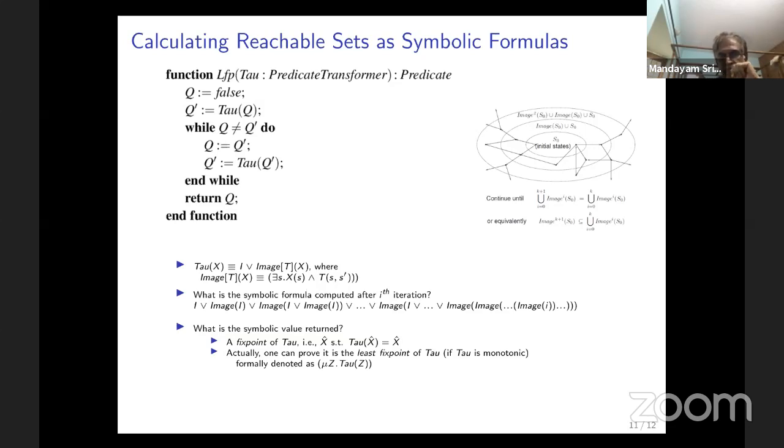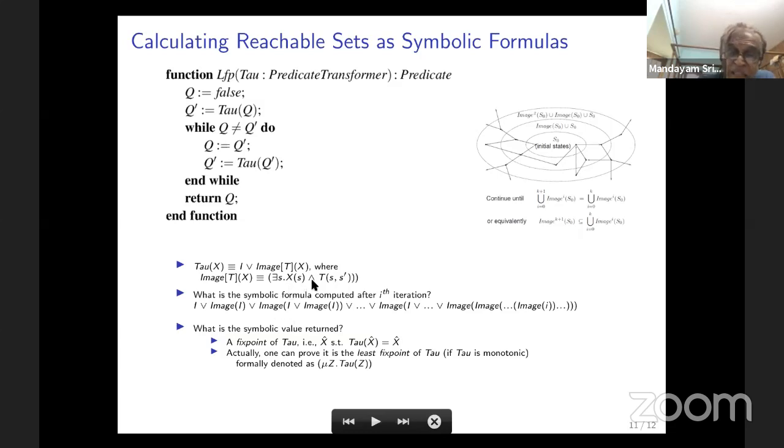The other observation is you can see how expensive this is. Each step here requires existential quantification elimination. That's the most expensive part. If you really want to compute formulas like this, you have to figure out a way of doing this existential quantification elimination on formulas as efficiently as you can.